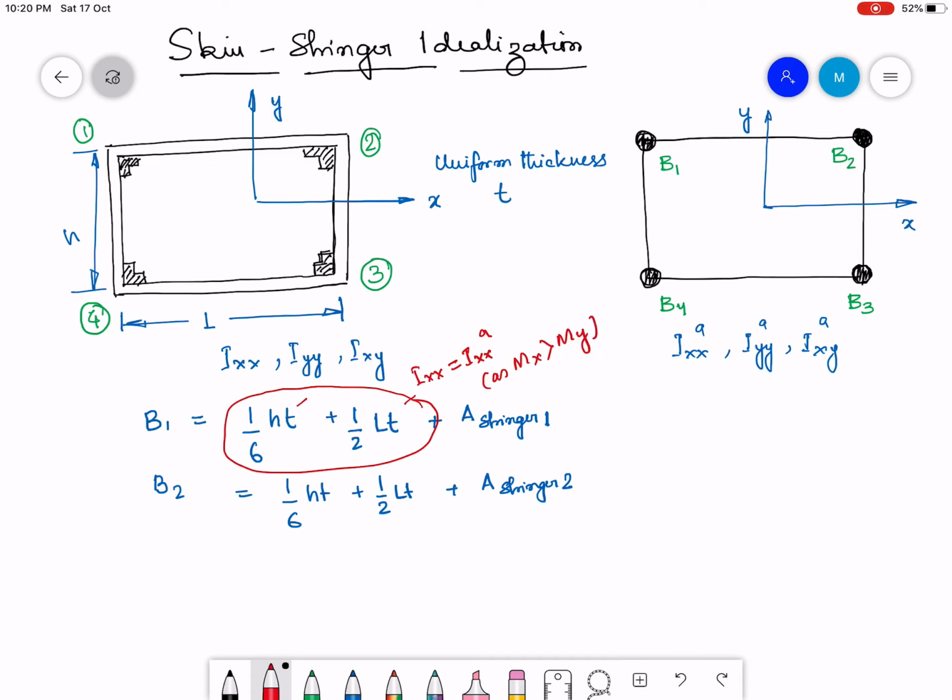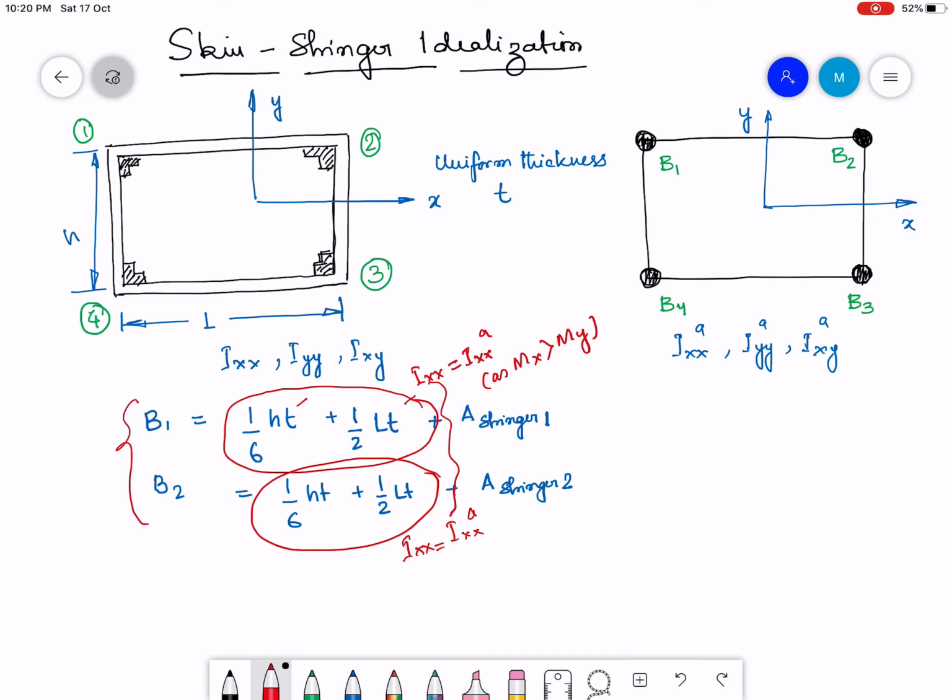Similarly for B2 also, this part was obtained by equating Ixx to Ixx_a. Right?